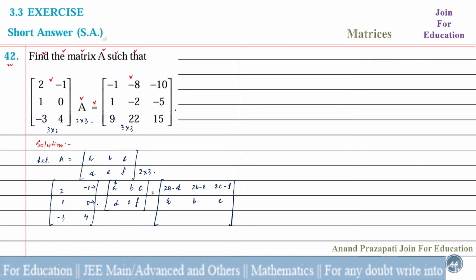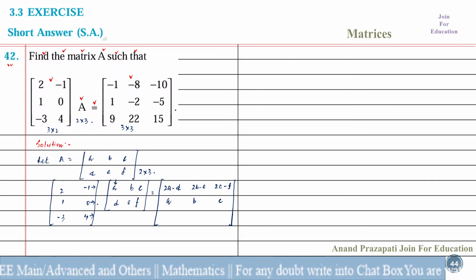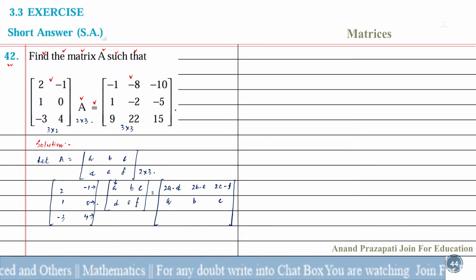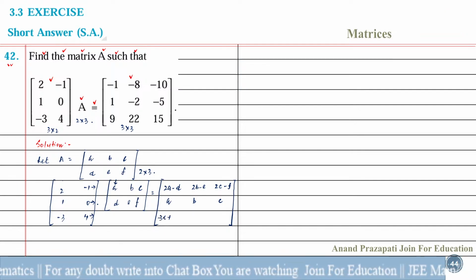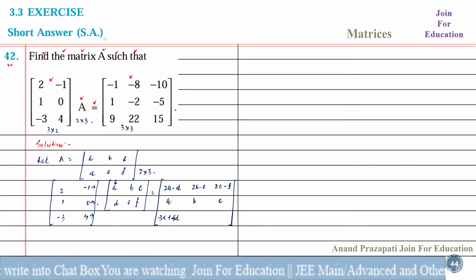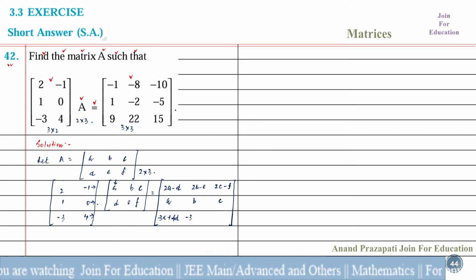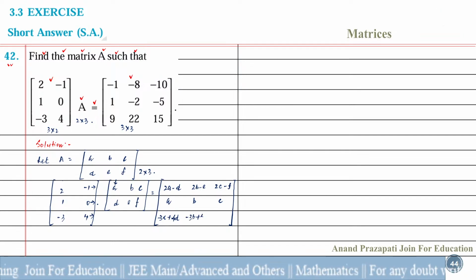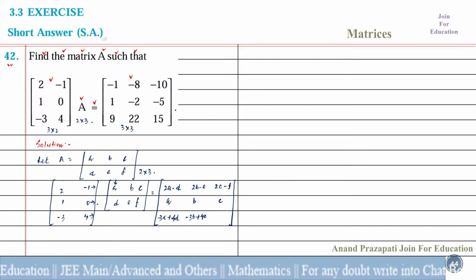And third row by the first column, then we get minus 3a plus 4d, and minus 3b plus 4e, and minus 3c plus 4f.